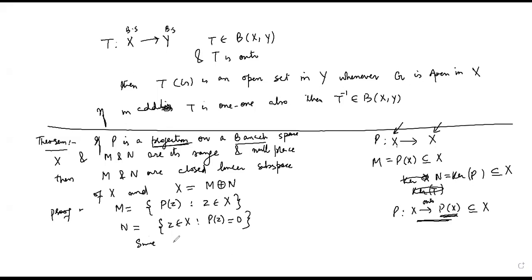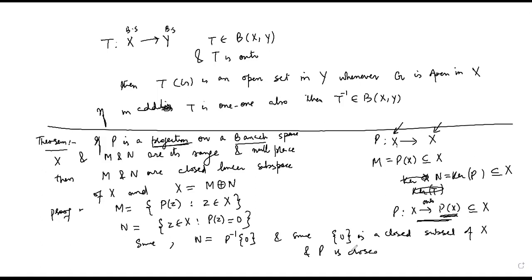Now अगर मैं लूँ what is M, rather N पहले लेते हैं. N is equal to P inverse of 0, and since the singleton 0 is a closed subset of X and P is continuous, so therefore N is closed.